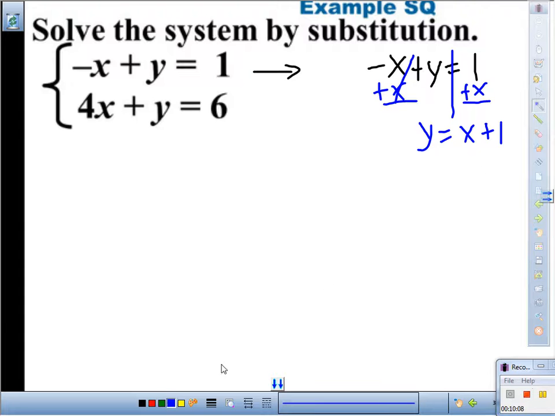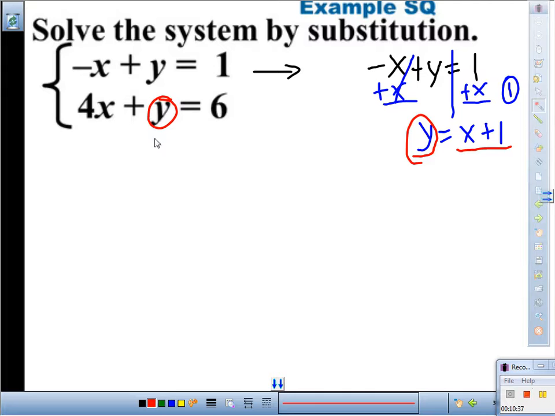So that's the most important step to get started. Step 1. All right, so step 1 we got down. Step 2 is the reason we call this method substitution. Check this out. What is y here? It's x plus 1. Look at the second equation. We have a y here.